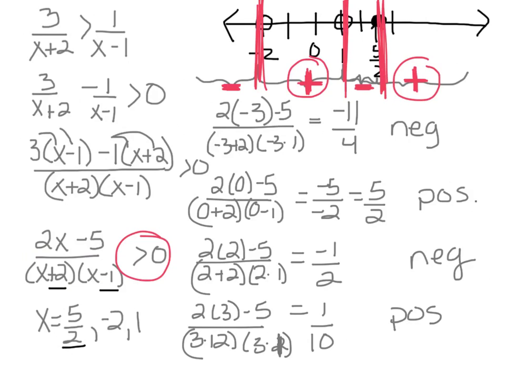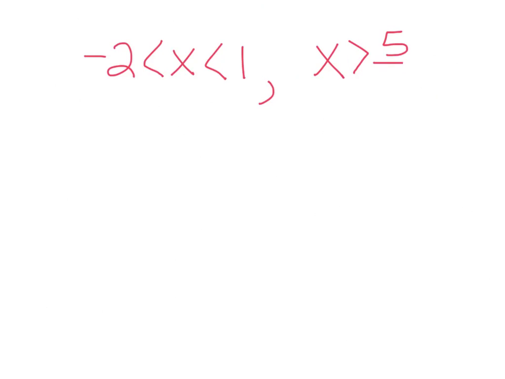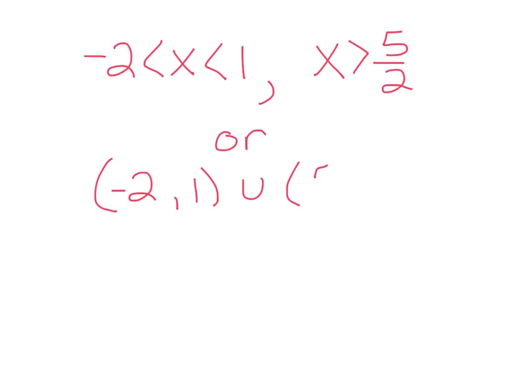I don't know where to write that, so I'll put it on the next page. x is between -2 and 1, and it is greater than 5/2. Or we could do interval notation, 5/2 to infinity. Either one of those would be fine. And that's the algebraic way to do it.